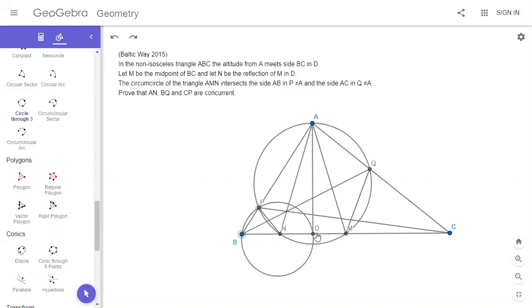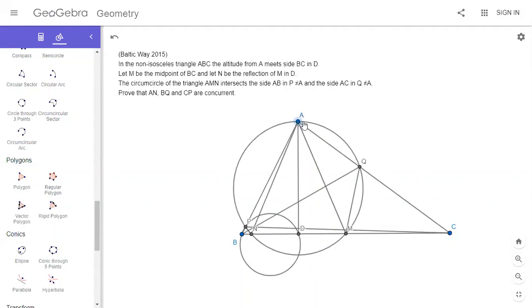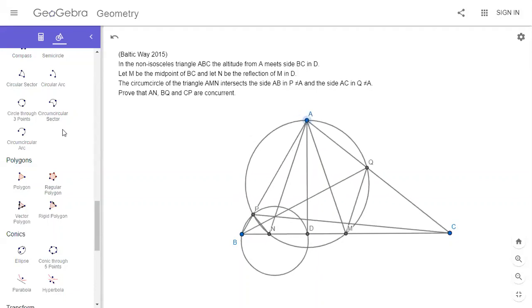BP, DK. So is K the midpoint of arc MN? I think you're saying K is the midpoint of arc MN, right? Yeah, must be.